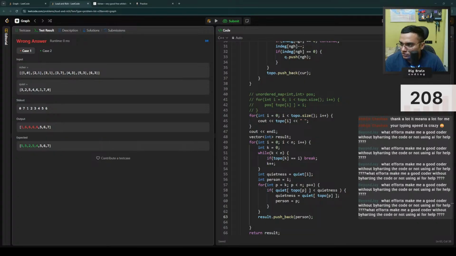A good coder is how creative you are. I mean, how clever you are. Coder, just coder, right?